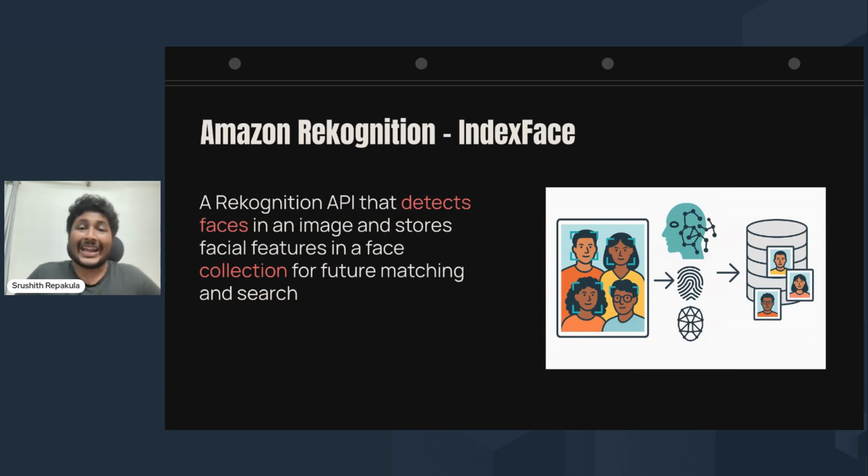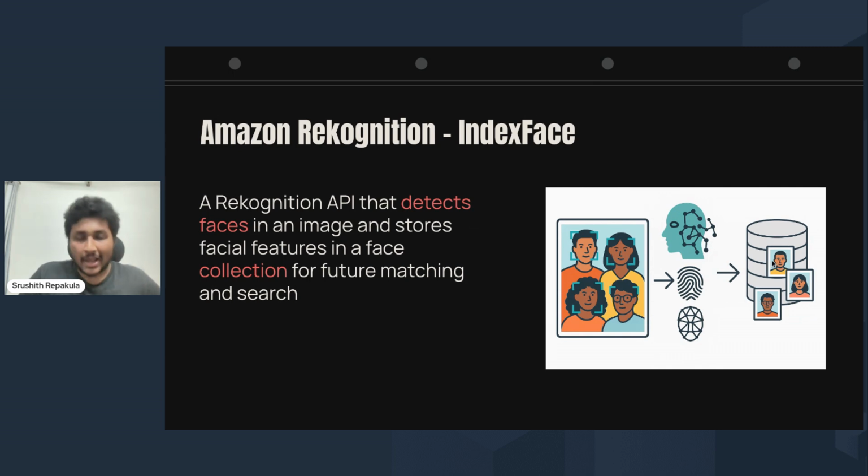And then we have the index phase. The index phase is an API that helps you detect faces in an image and stores these facial features in a face collection for further matching and search. If you observe the image on the right hand side, if you upload an image to Amazon Rekognition, it will try to identify the faces in the image and store them in a collection.